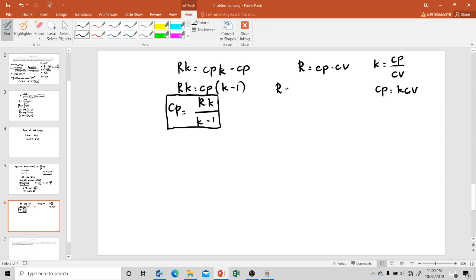So R equals K Cv minus Cv. The common factor is Cv, so it becomes K minus 1. So our Cv is equal to R over K minus 1.